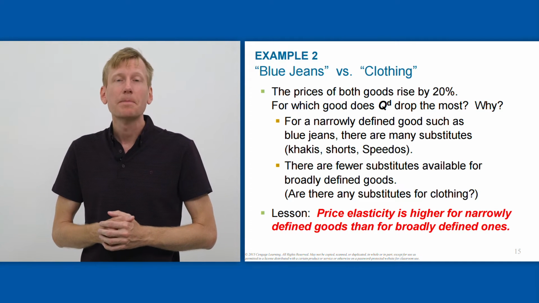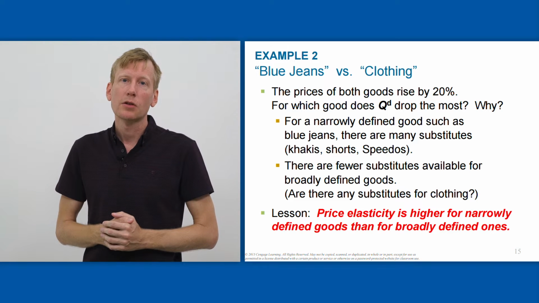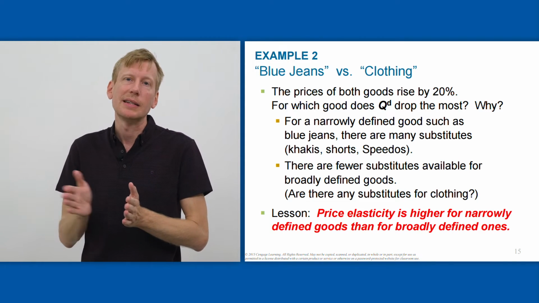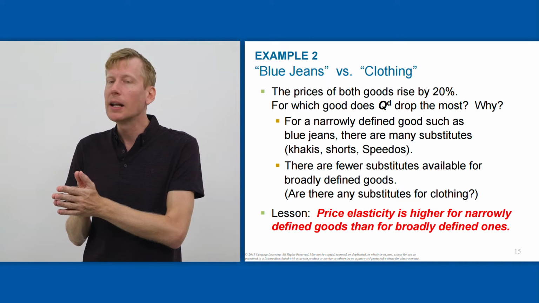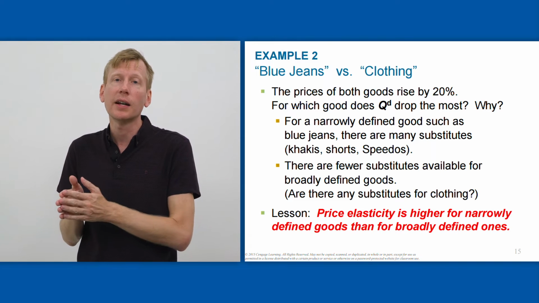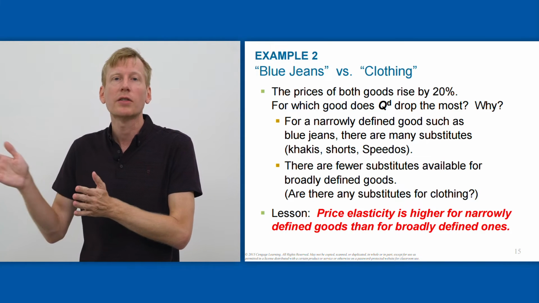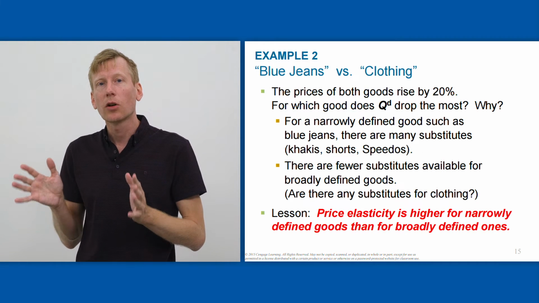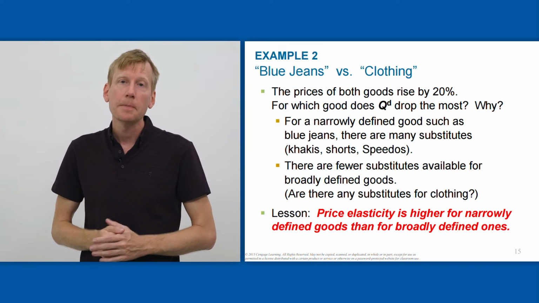Clothing, on the other hand, is a good that's very broadly defined. So whereas we could choose to buy, say, dress pants instead of blue jeans, we can't choose to buy any other type of clothing instead of clothing because clothing is so broadly defined. We could only choose to buy, say, housing instead of clothing, electricity instead of clothing. Broadly defined goods, almost by definition, do not have close substitutes.